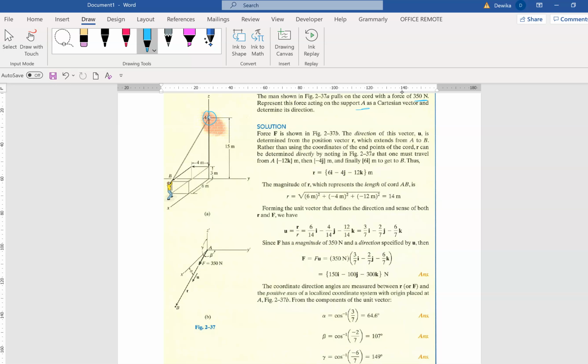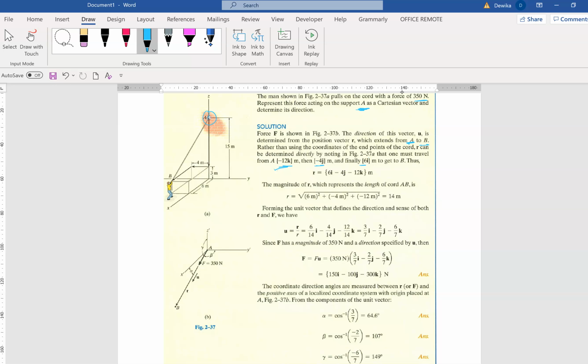The force F is shown on support A. The direction of the vector u is determined from the position vector, which extends from A to B. Rather than using the coordinates of the end of the cord, it can be determined directly by noting from figure 2.37 that one must travel 12 in negative k, negative 4 and 6. I'm going to show you how you get to this number shortly.